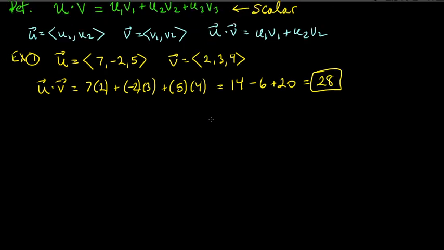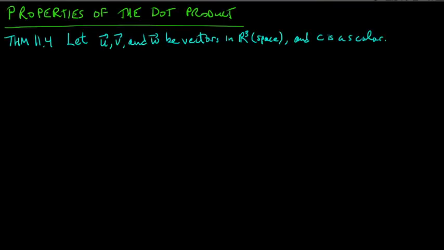Let's get to some properties of the dot product. Okay, so it's theorem 11.4. We have vectors u, v, and w in space, and c is a scalar. Actually, all of this applies even if the vectors are just restricted to a plane, I believe.